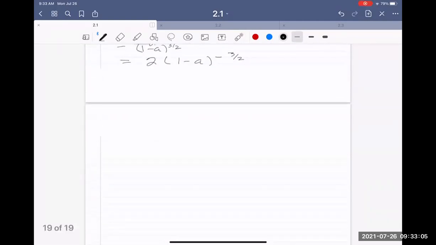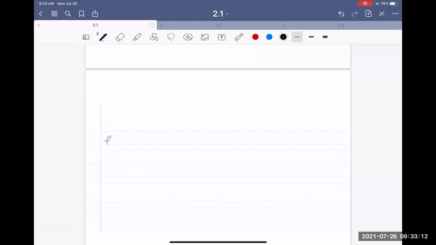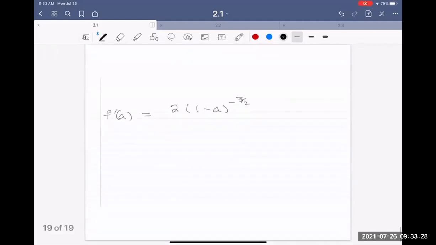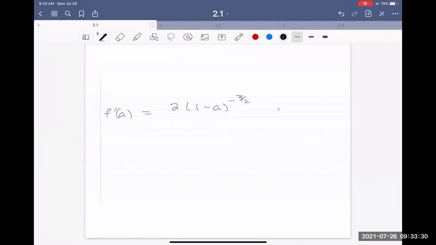So this implies the following: that f prime at a is equal to 2 times 1 minus a to the negative 3/2 if a is less than 1. And it doesn't exist if a is greater than or equal to 1.